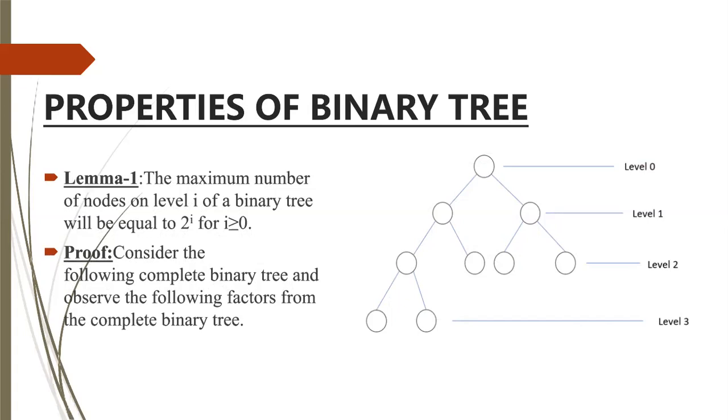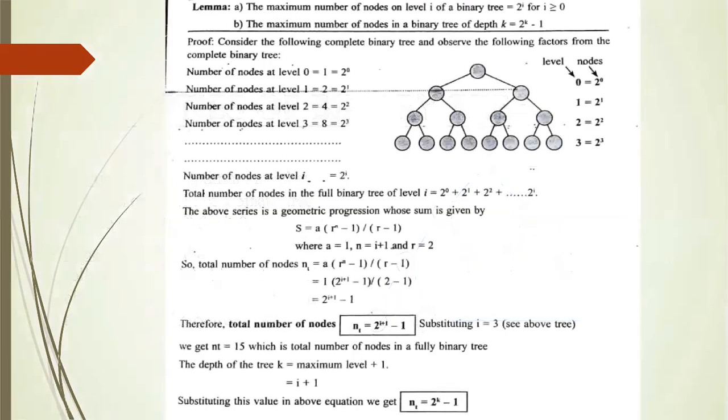Consider the following complete binary tree and observe the following factors. Here there are 3 levels in the diagram, and the depth will be 4, as we've calculated, that is the height of the tree. Let's see the number of nodes at each level.